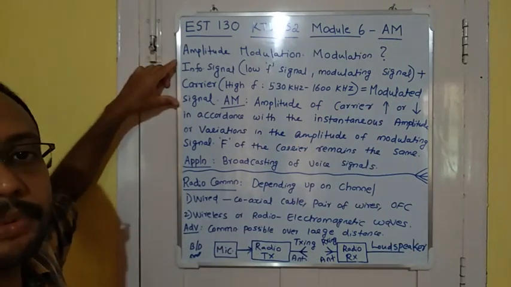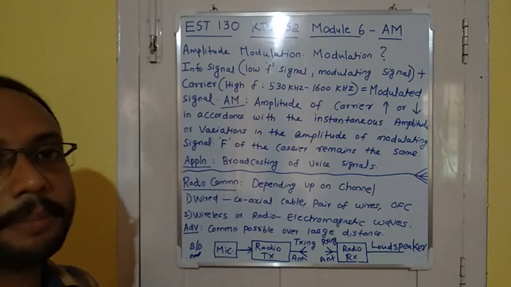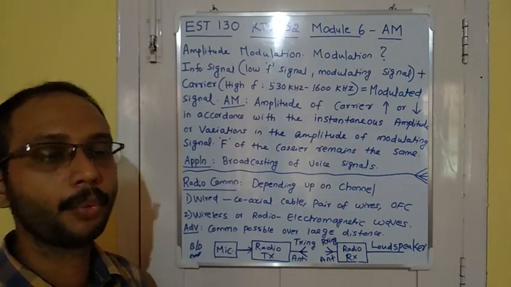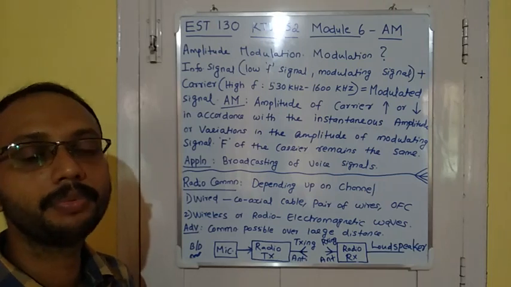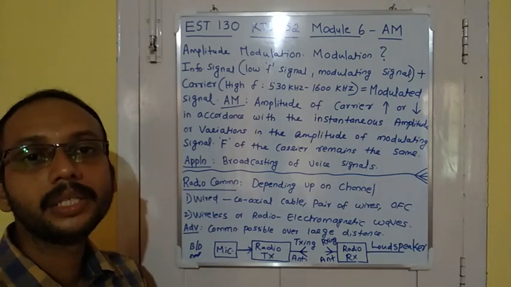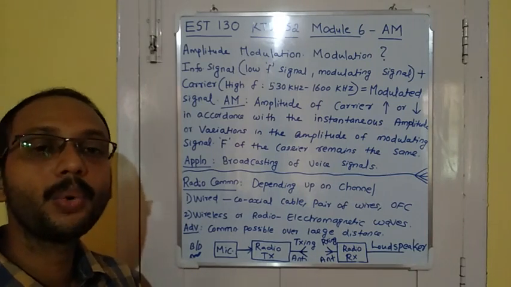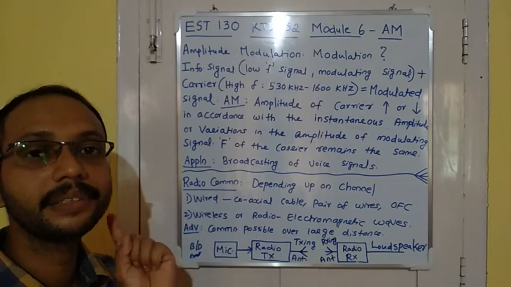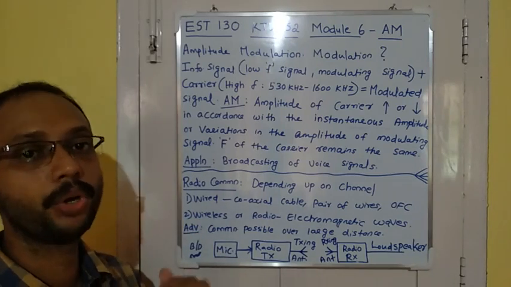Okay, that is the definition of modulation. Some properties of the carrier wave, that is amplitude, frequency or phase, are varied in accordance with the instantaneous amplitude of the modulating signal.